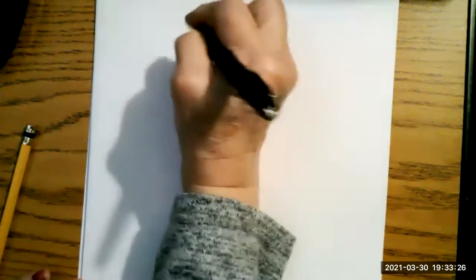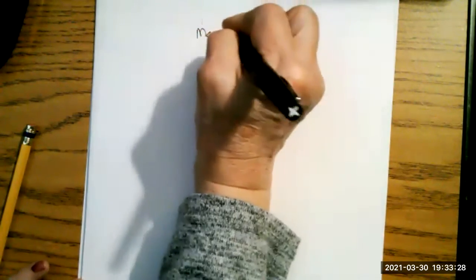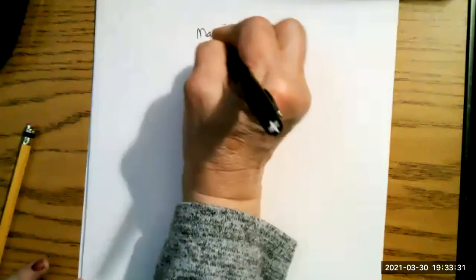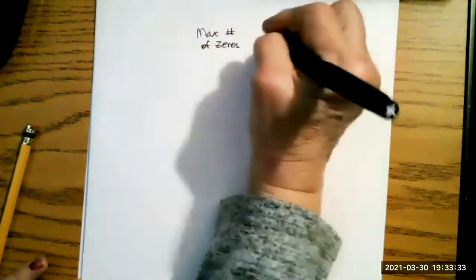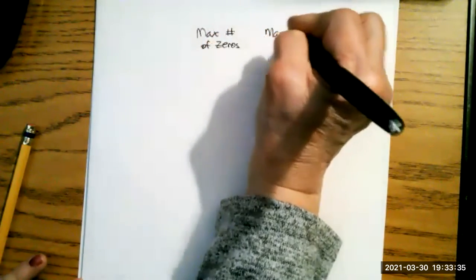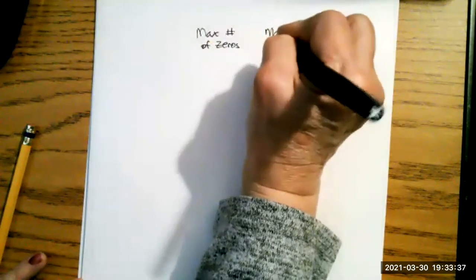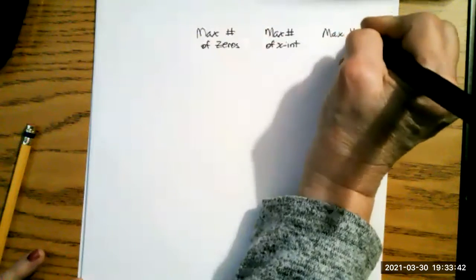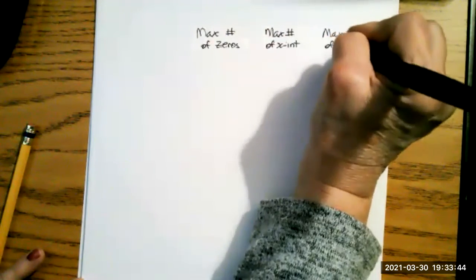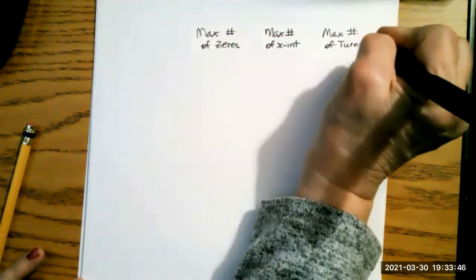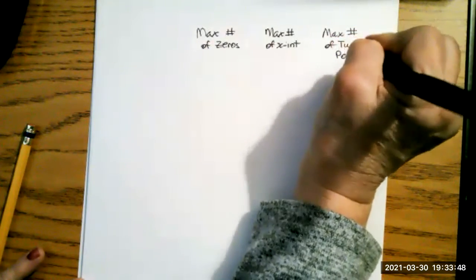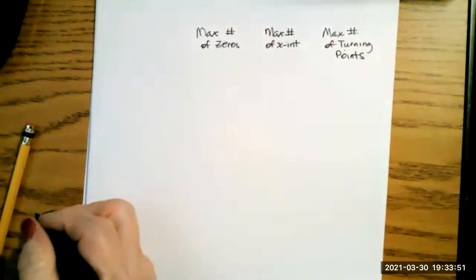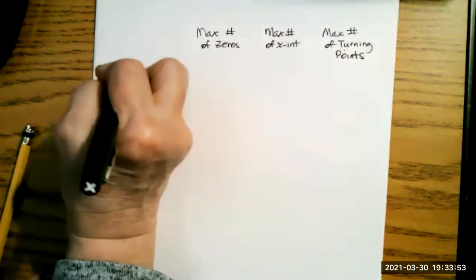So we're going to do a little sheet, and I'm going to write these down: maximum number of zeros, maximum number of x-intercepts, maximum number of turning points. And there's only about 5 of them. These are from your homework.